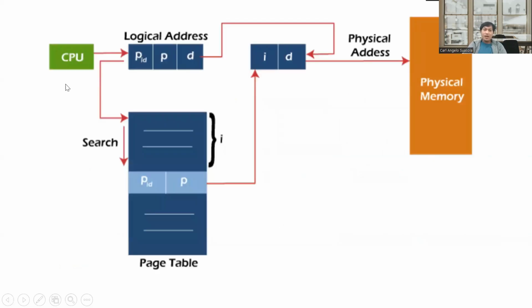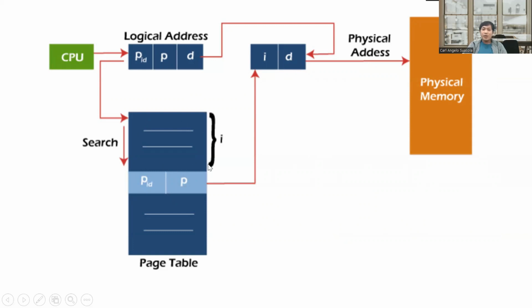So for example, if the CPU generates a logical address, it will give a process ID as well as a page number. It will search until it finds where the unique process identification of this certain page points.